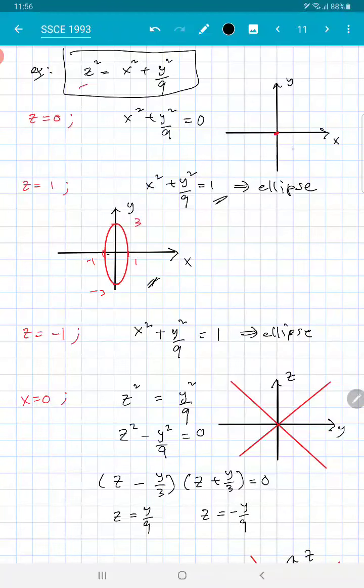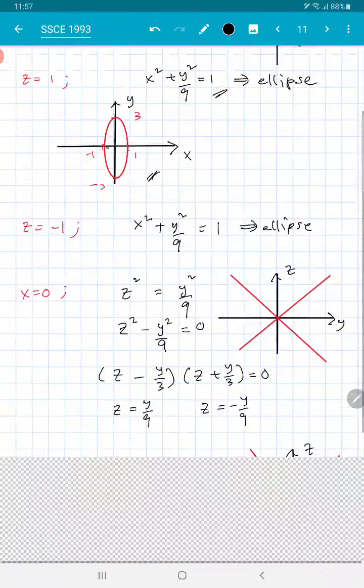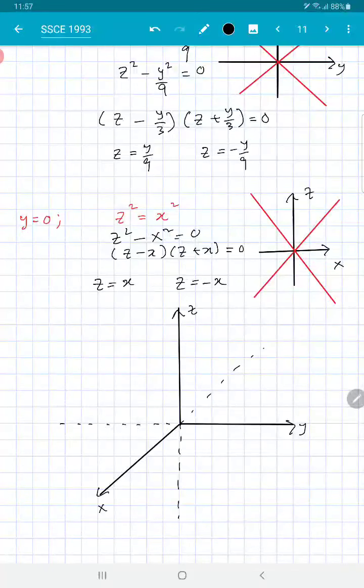One is for z equals 0, we have a point at the origin, and we have z equals 1 and -1, and on both values of z, we have the same size ellipse. Okay, so let's say this is the z equals 1 plane, and another one we have here, and this is on z equals -1.